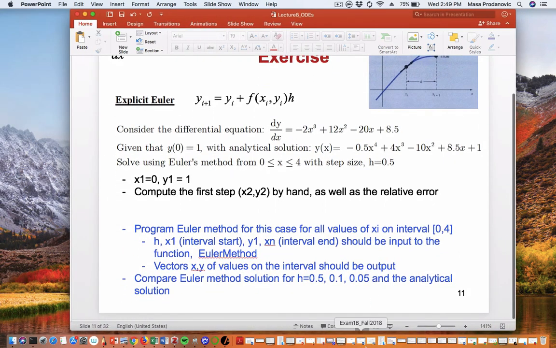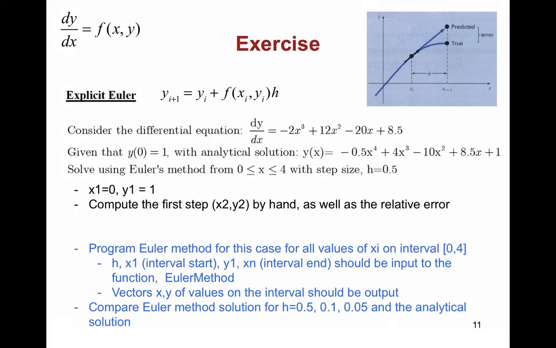If this is y1, which is 1, plus f of x1, which is f of 0, and I don't have dependence on y1, so that makes it easier. This is my f, and that's 8.5. So 8.5 times 0.5 is half of it, so that's 4.25, plus 1. My y2 is 5.25.